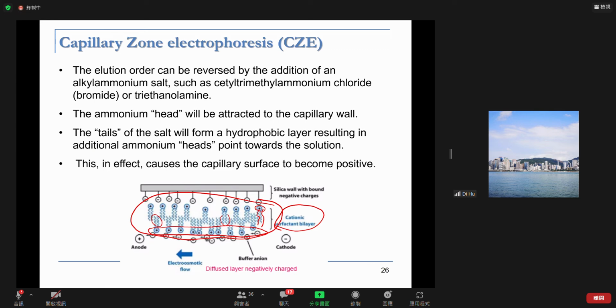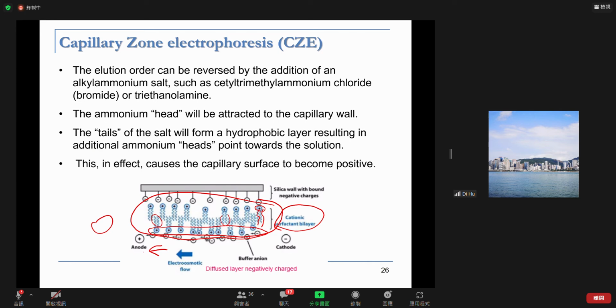In the mobile layer, they are attracted to the anode, so now the EOF, the electro-osmotic flow, is going toward the anode. So you should put the detector at the other end, in the other direction. By this way, the negative ions will come out first, then neutral, and then positive ions.